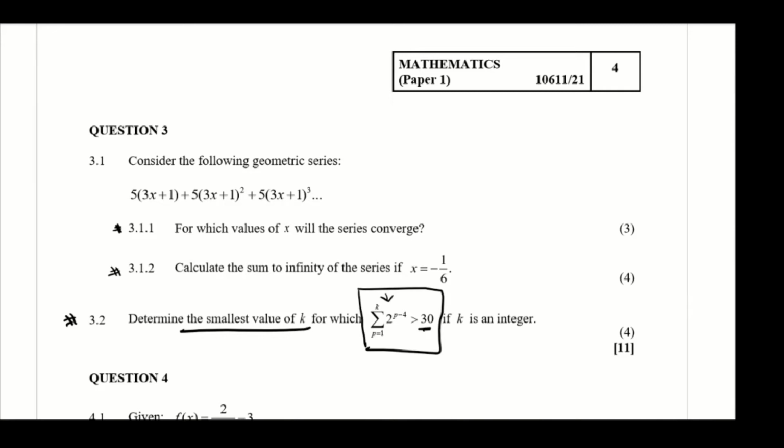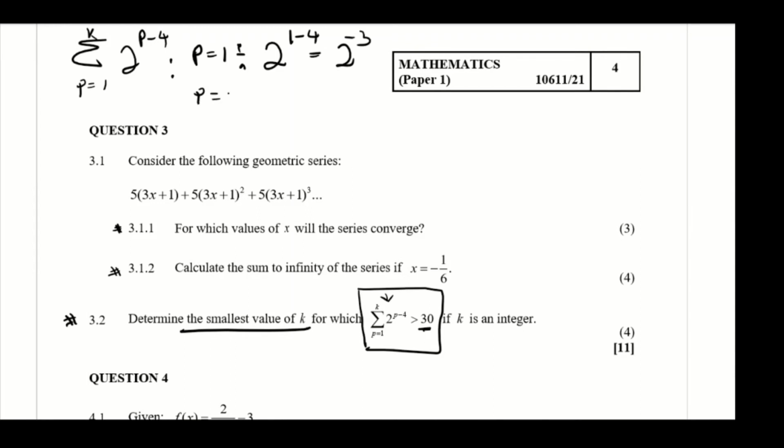So to find our series, we are given the sum, p equals 1, 2 to the power p minus 4. So let's first find our series. When p is equal to 1, because it's the starting point of our series, we substitute 1, this 1 minus 4 is equal to 2 to the power minus 3.